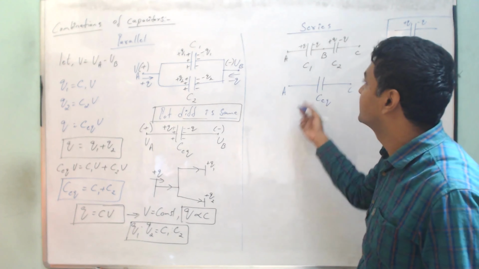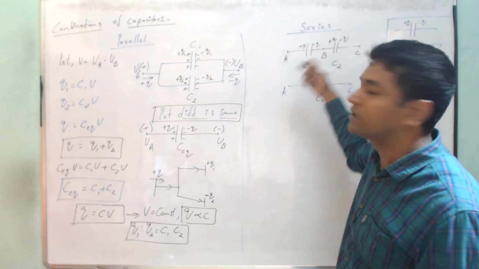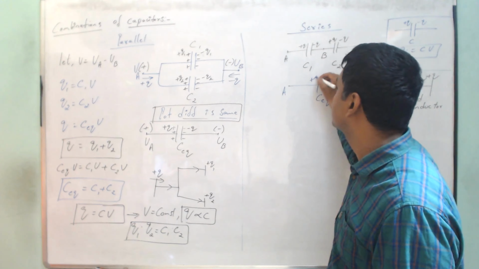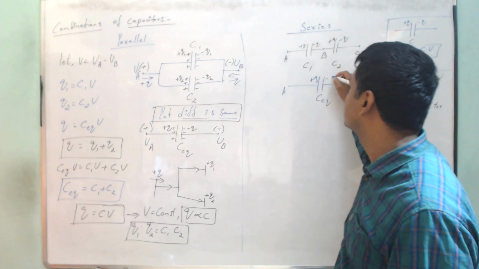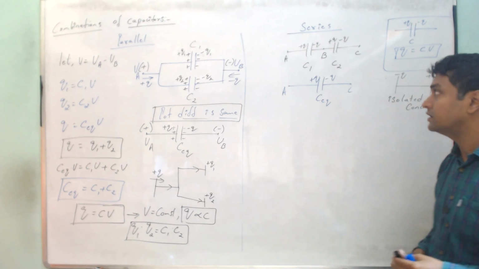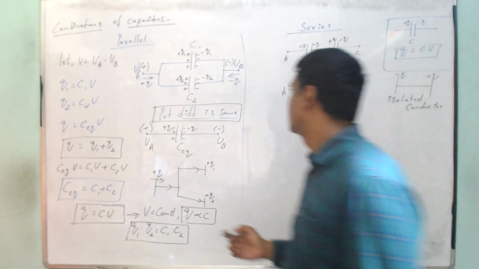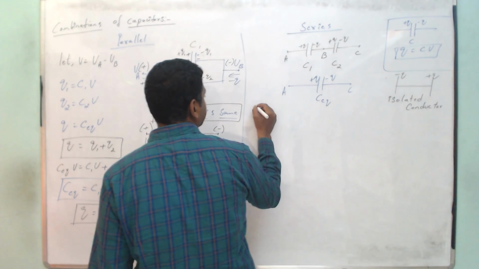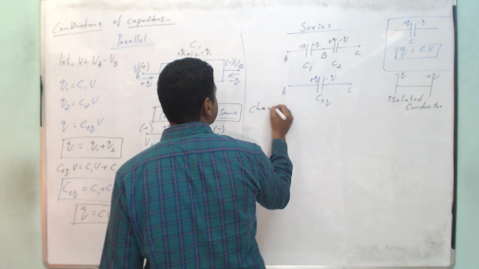Or I can say, what is the charge taken from A? It is plus Q. What is the charge taken from C? It is minus Q. Correct? Yes, sir. In series, can I say that the charges which are accumulated are same?